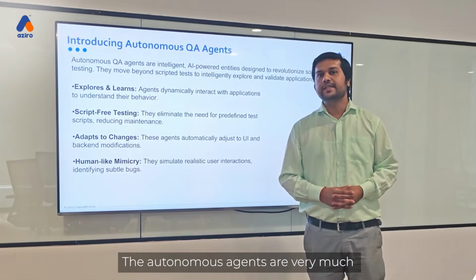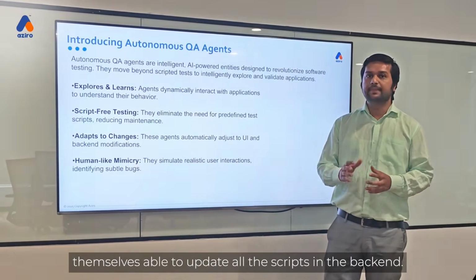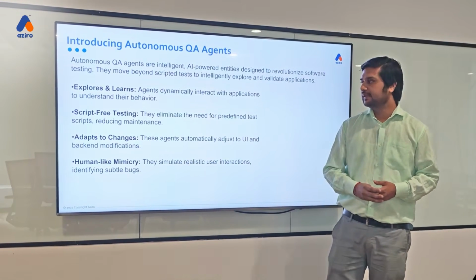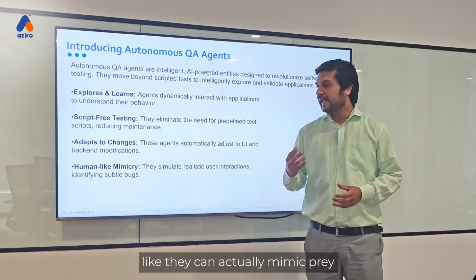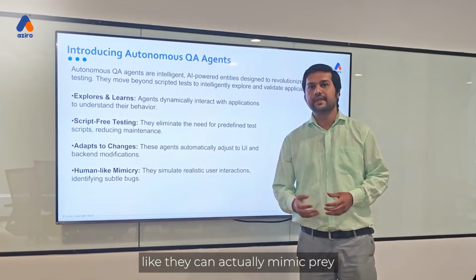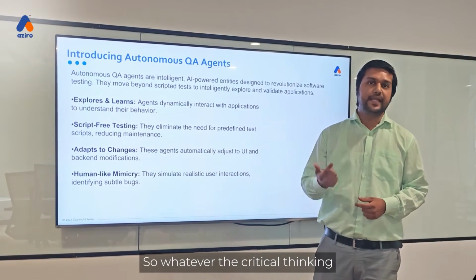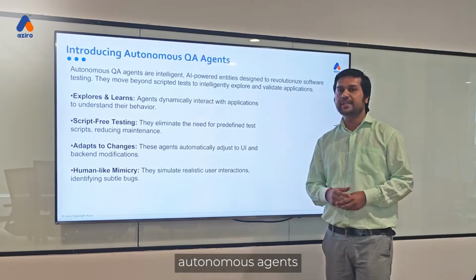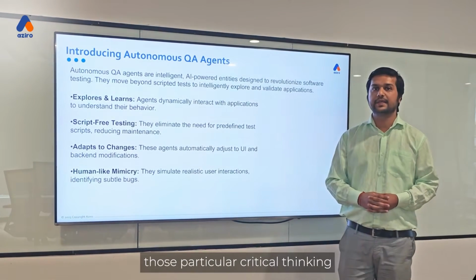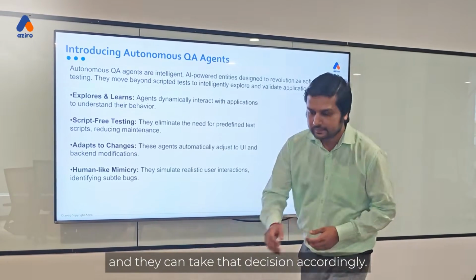The autonomous agents are able to update all the scripts in the backend themselves. Also, they can adapt to any change, and they can mimic humans. Whatever critical thinking humans have, these autonomous agents also have, and they can take decisions accordingly.